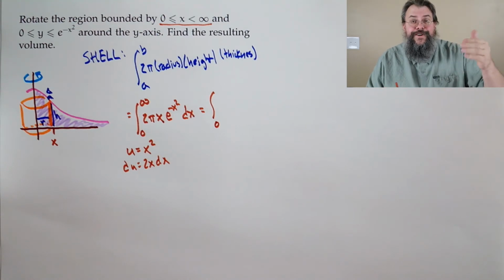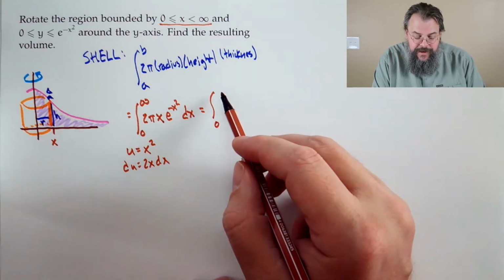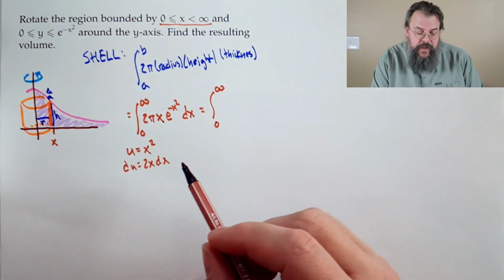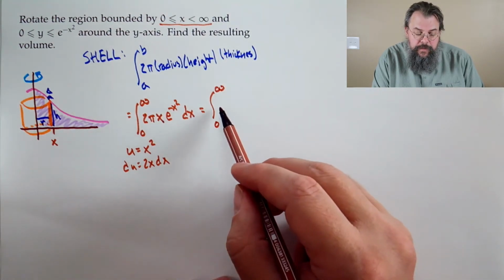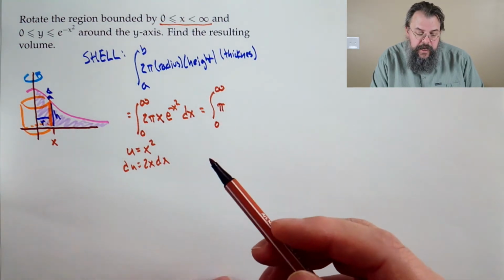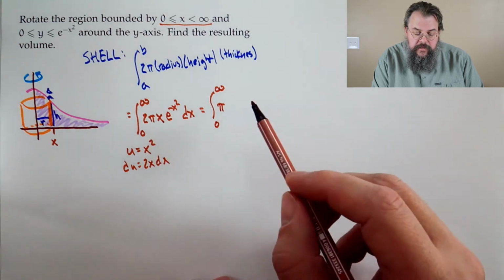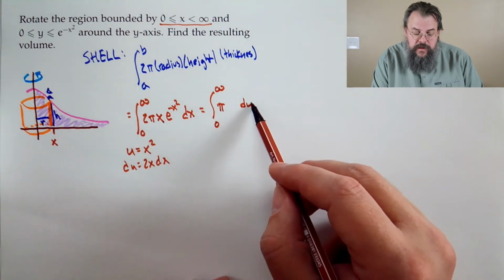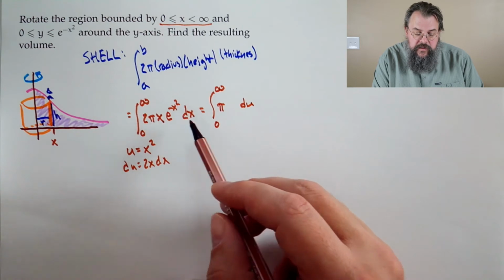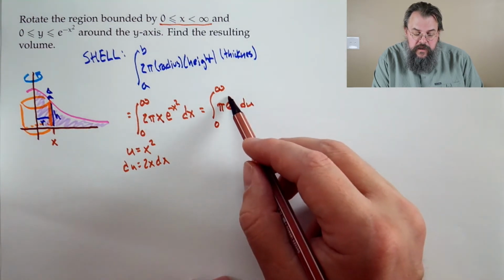It also is going to infinity. All right, great. So then we have a pi. Nothing happened to that. 2x dx became du. And then e to the minus x squared is e to the minus u.